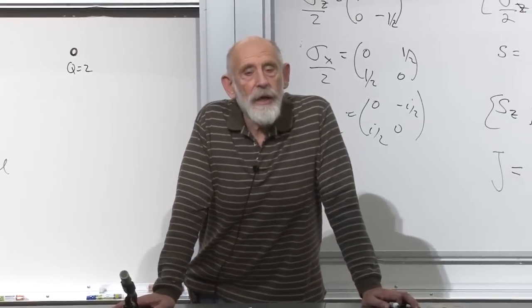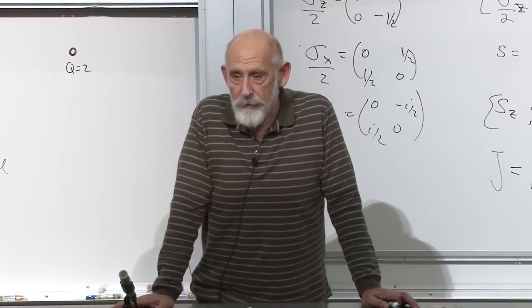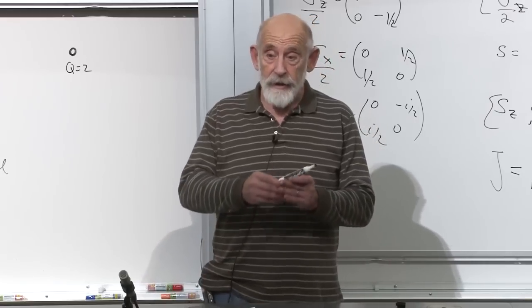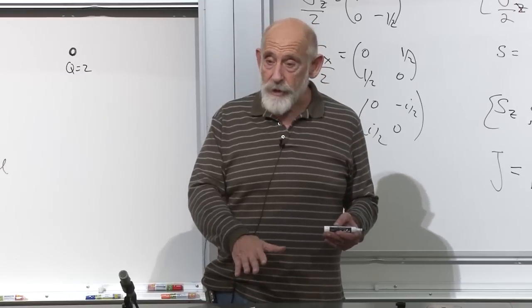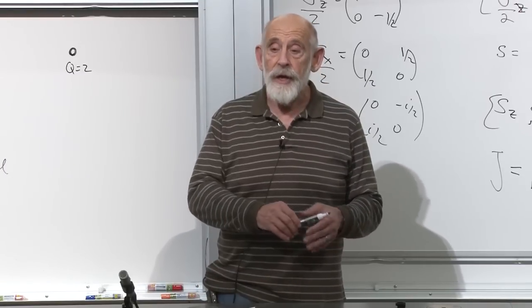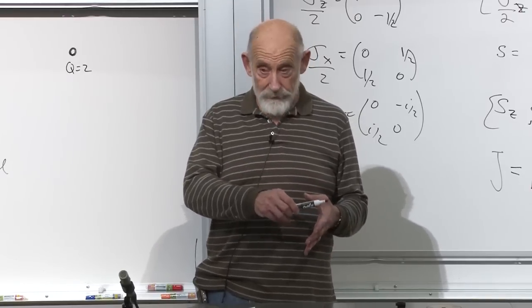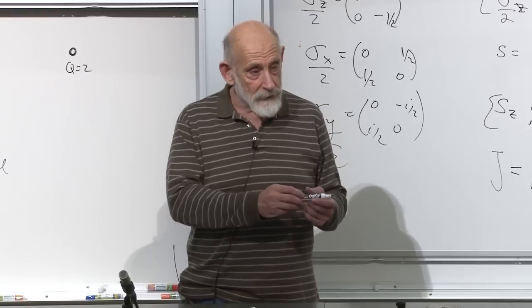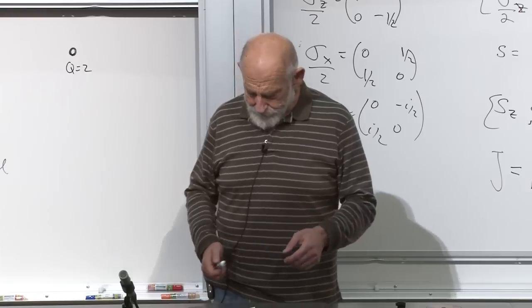So the 2 states of the hydrogen atom, which previously had been the ground state with the electron pointing one way or the other, had exactly the same energy in the first approximation. Now you put it in a magnetic field and you find that the energy levels are split, exactly as if the electron were a little magnet, because of its angular momentum.